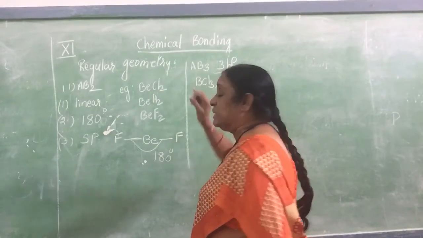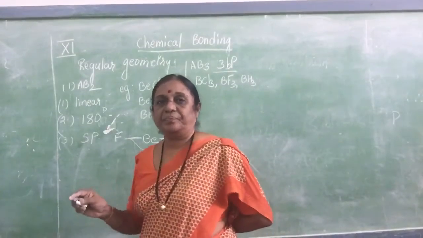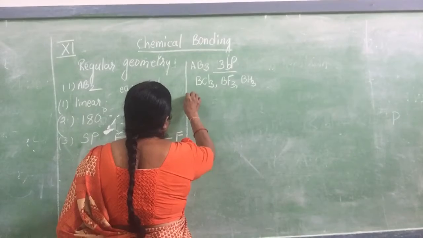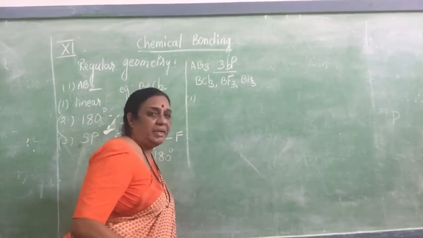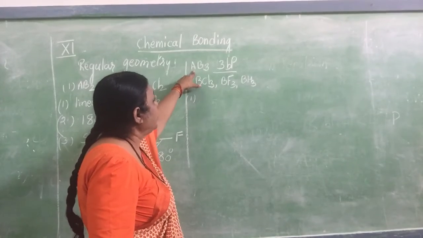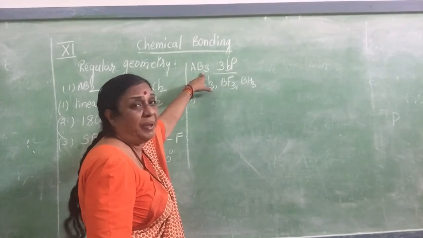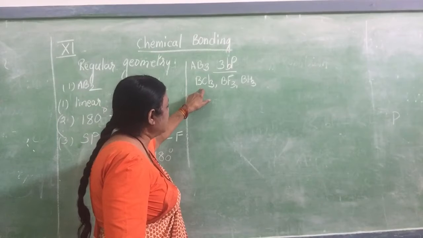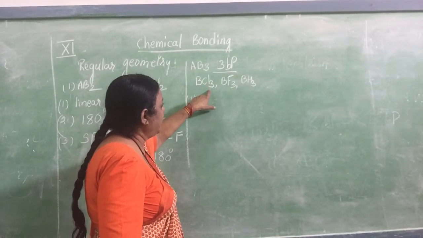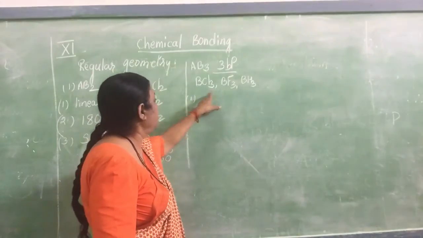Now, if it is 3 bond pairs, then the rule is, first point, geometry. AB3, what is the meaning of that? 3 bond pairs. One atom of A reacts with 3 atoms of B. Look at the example BCl3.